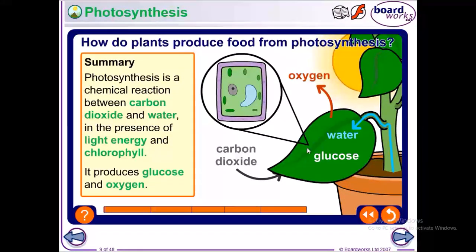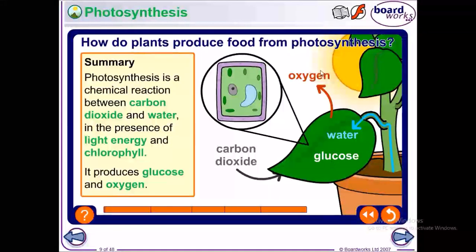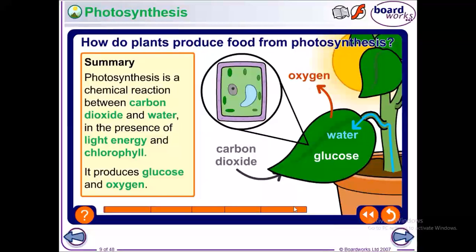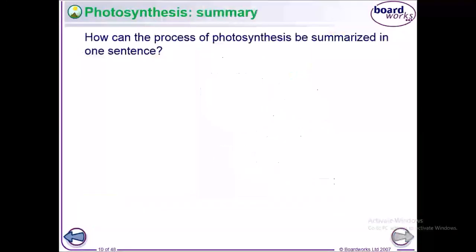They do that to produce the food they need, which is glucose, or we can say sugar, guys. In your case, glucose is a word you can use for your own knowledge. It's good to learn more than to learn less. But for you to know, the food of the plant is actually sugar. And they also produce oxygen, which is a waste plants do not need.